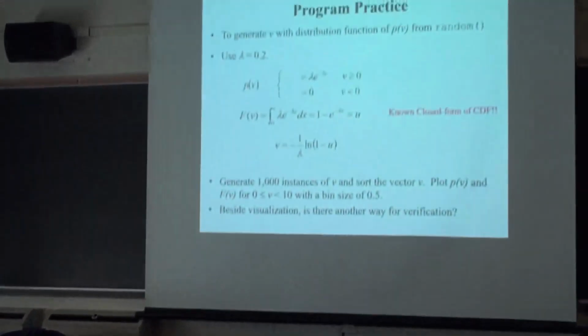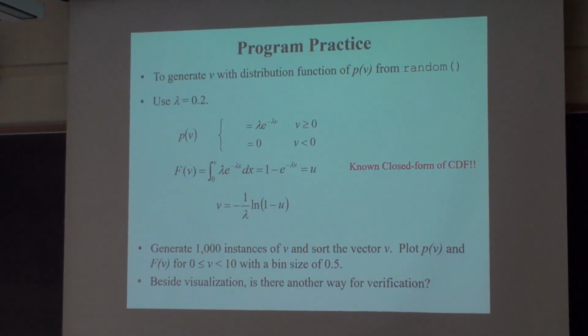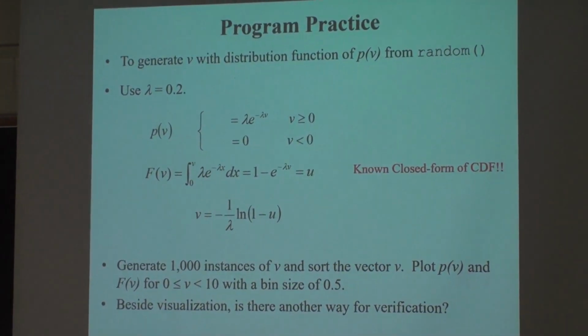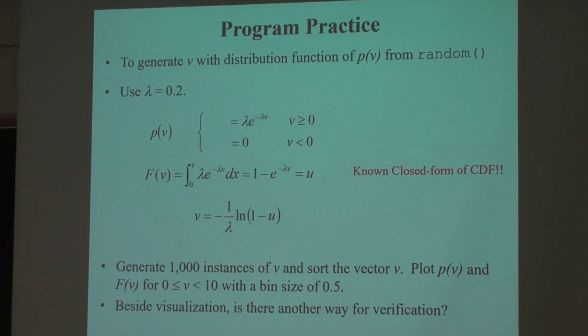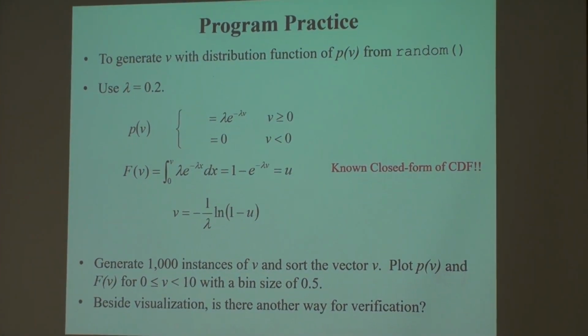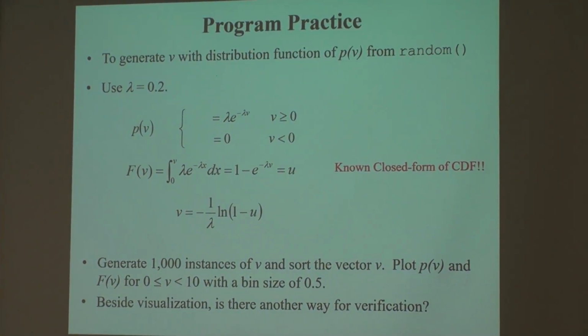Yes, that's another way: you can check the mean or the variance of this. Another way I think about is to fit your random variable into parameter extraction. See if I retrieve the lambda. Just test it.